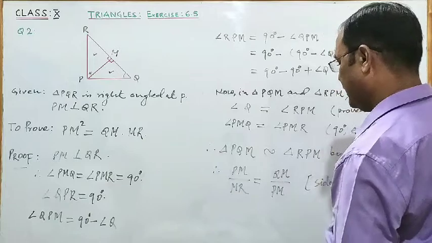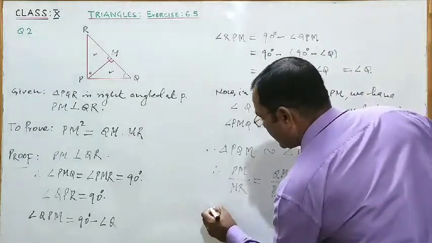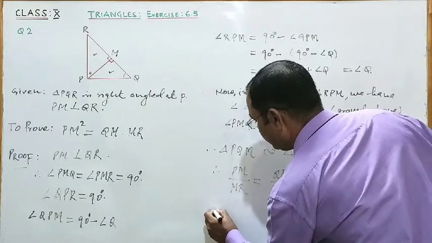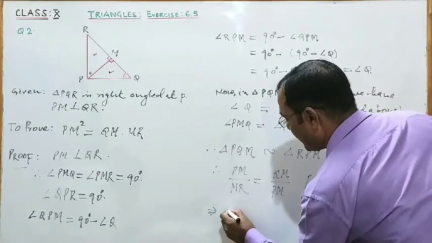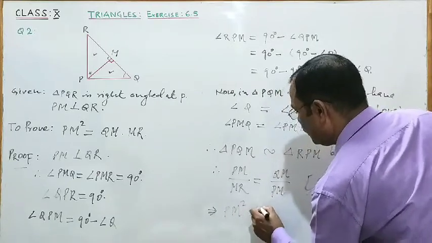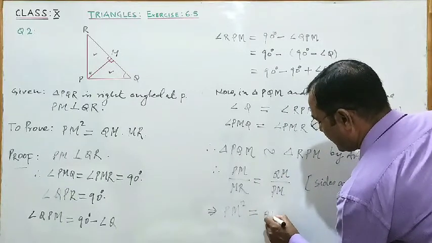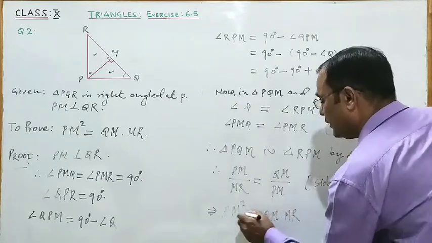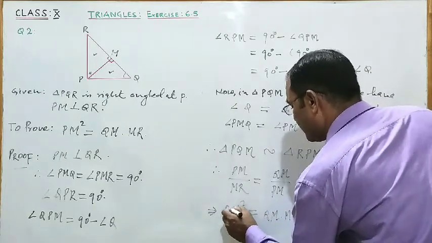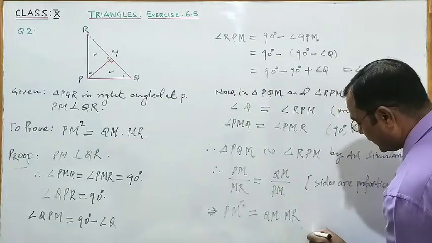So, PM by MR is equal to QM by PM. Now, cross multiply: PM into PM, PM square equal to QM into MR. So, PM square is equal to QM into MR. Hence proved.